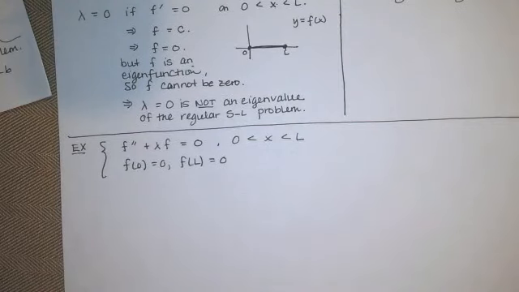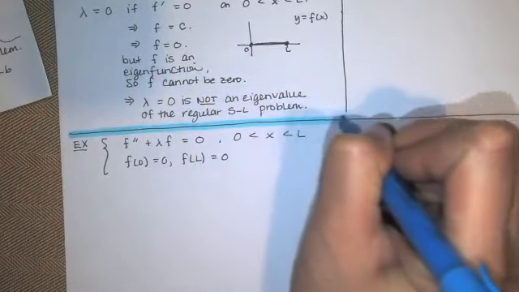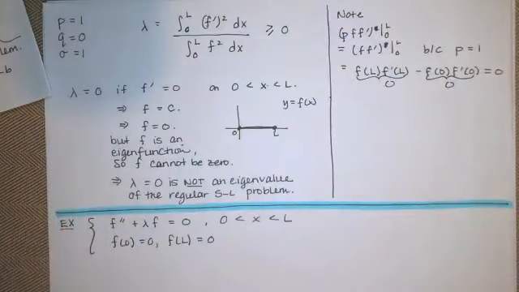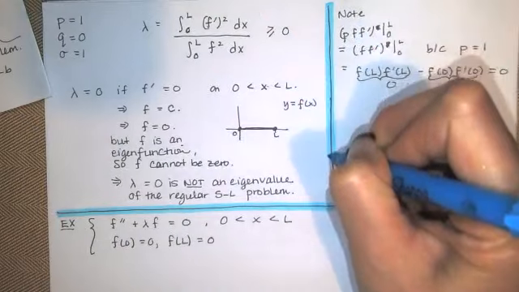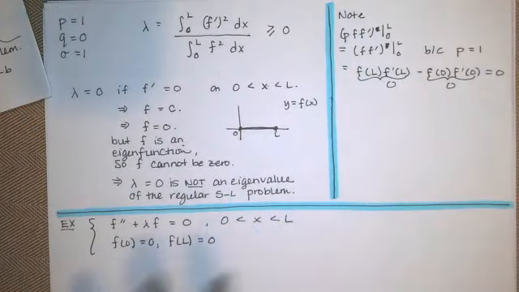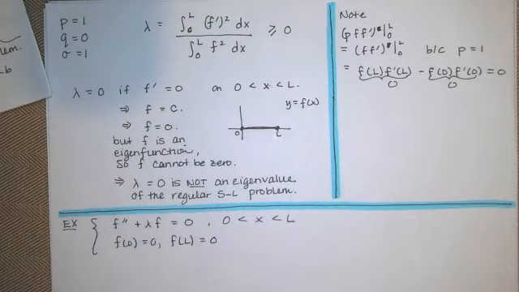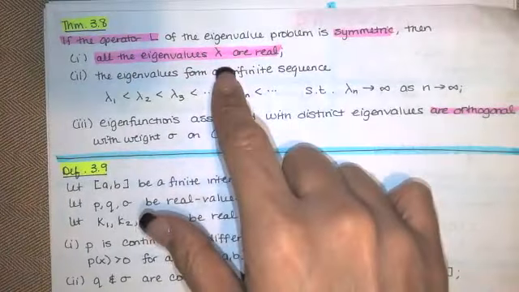So if I were to solve this boundary value problem from first principles, I might not know immediately that lambda has to be strictly greater than 0. It might not be obvious to me at all that, for this particular Sturm-Liouville problem, the lambdas have to be greater than 0. All I know from our original problem statements and original background is that we have infinitely many real eigenvalues, and they form an infinite increasing sequence like this.